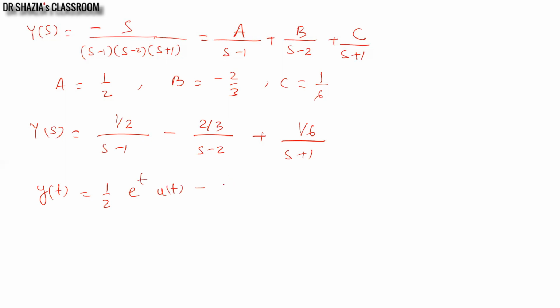Minus 2 by 3 times 1 by s minus 2 will be minus e to the power 2t u of t. Plus 1 by 6 times 1 by s plus 1, its inverse Laplace transform will be e to the power minus t u of t.